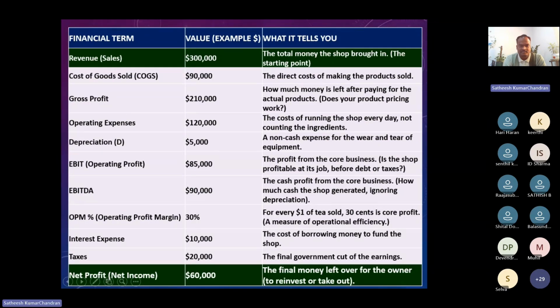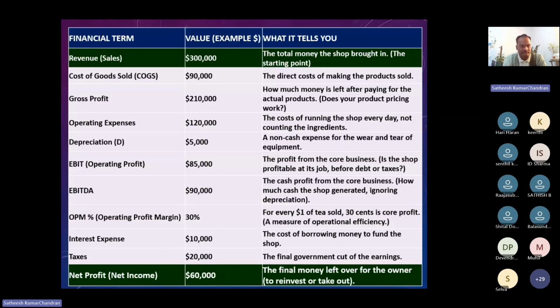Gross profit is 210,000. Operating expenses: every day to run this, we need to pay the salary, which is coming like $120,000. Depreciation, $5,000. Like we are having some equipment that is wearing and tearing, laptop, utensils, and everything.